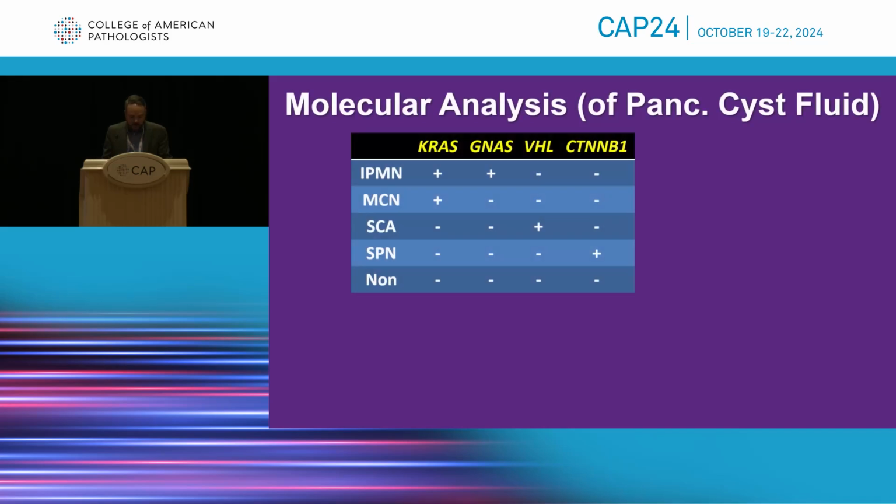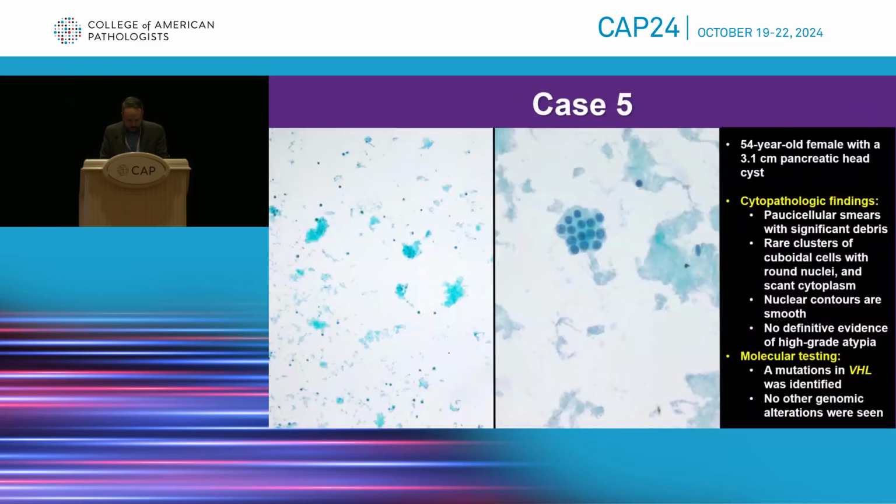And so you can create a table like this where if you have a KRAS mutation, it could be an IPMN or an MCN, GNAS mutation associated with IPMN, VHL with serous cystadenoma, and beta-catenin with solid pseudopapillary neoplasm.